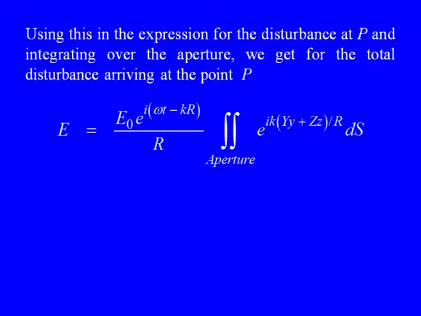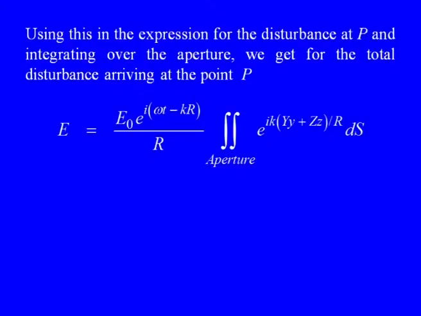Now, using this expression for the disturbance at P and then integrating it over the aperture to get the full contribution, we get for the total disturbance arriving at the point P, E is equal to E naught into the usual wave phase factor e raised to the power i omega t minus k capital R, divided by R, and then integration over the aperture, which is a two dimensional integration.